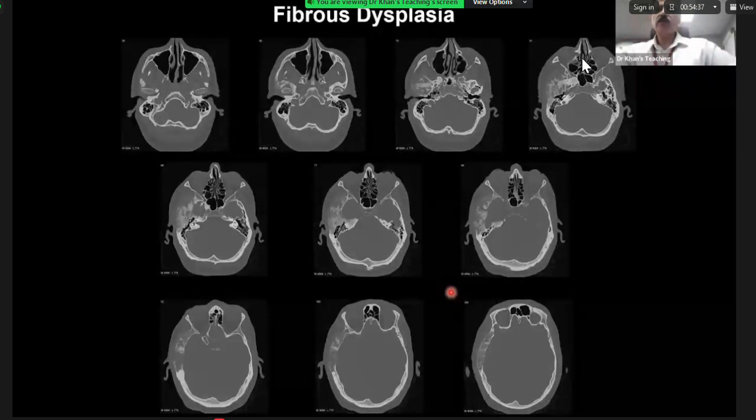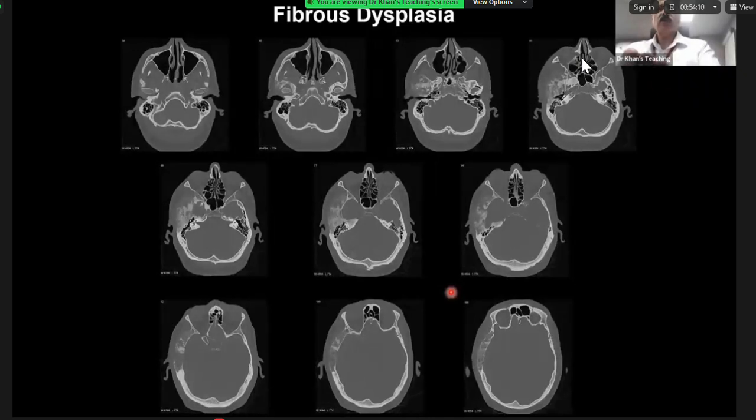So one discriminator is age. Paget's disease is old age group, and fibrous dysplasia is young. Second thing is which bones are involved. Paget's disease, classical calvarium, as in the skull wall and temporal bone also. And fibrous dysplasia, the maxilla and anterior base of skull and the mandible.